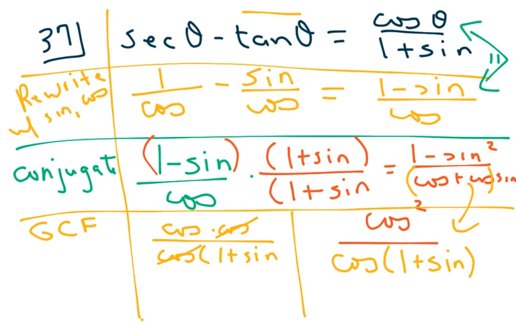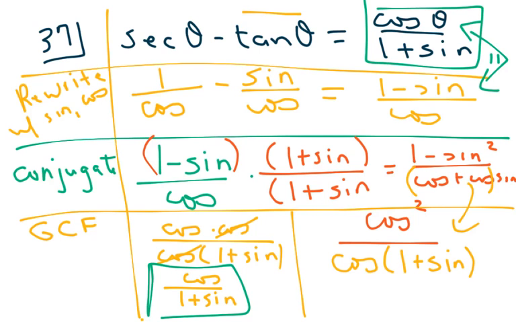These cosines cancel, so I get cosine over 1 plus sine, which equals right here. So you can't just jump from here to here. You have to multiply by the conjugate, like I did on 11 and you did on number 12.